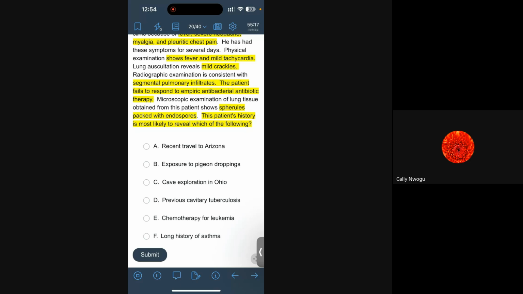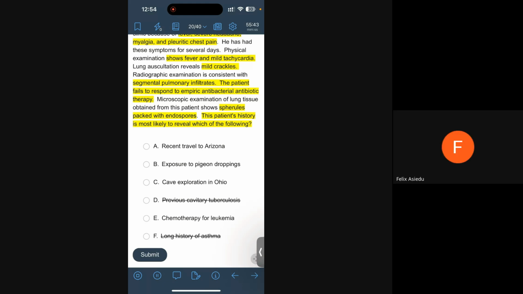A long history of asthma would be the right answer for what diagnosis? Allergic bronchopulmonary aspergillosis. Previous cavitary tuberculosis would be the right answer for aspergilloma.